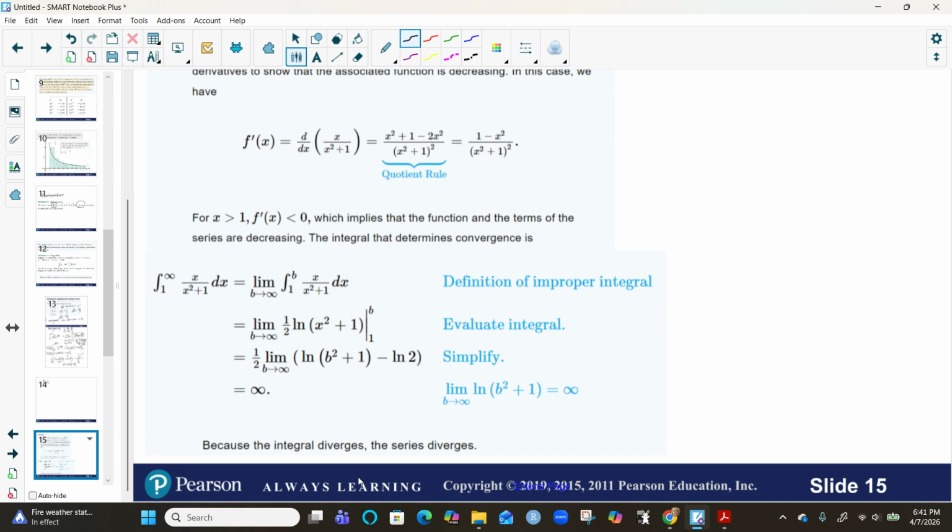It's not the test that people really look forward to doing. But instead, what we typically do with this test is we try to do anything easier first. Like, is it a p-series? Is it geometric? Could we say it diverges from the divergence test? Is there anything else we can do?